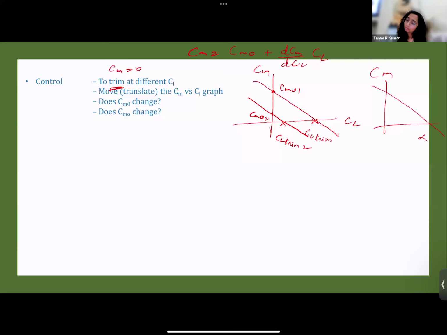Can you try and justify your answer? So when you say less stable, that means your Cm alpha becomes, how does Cm alpha change? Becomes positive. Is that what you are implying?